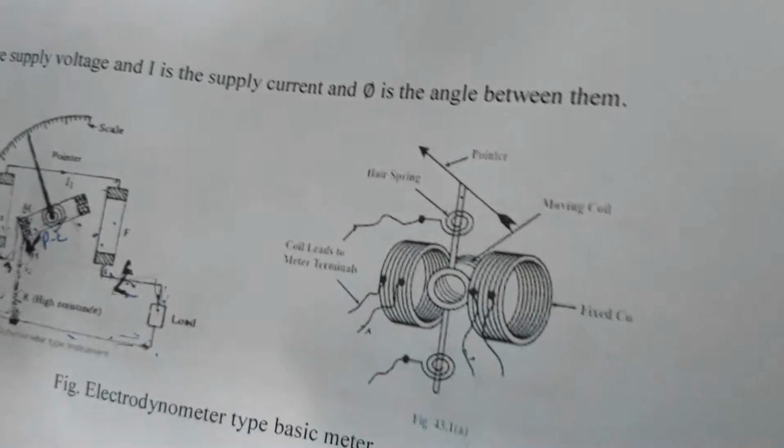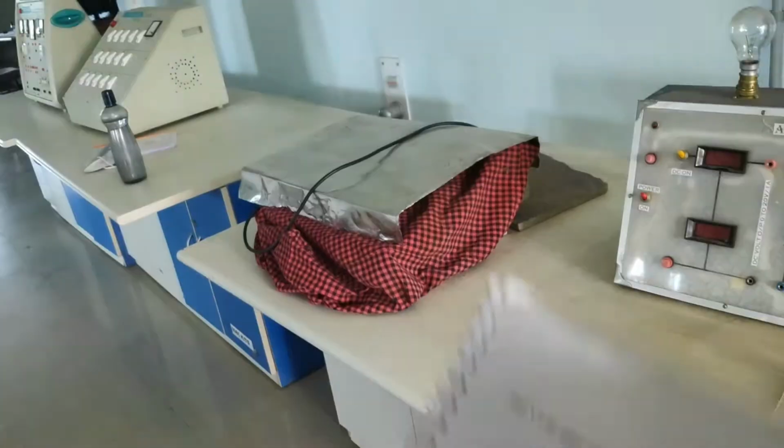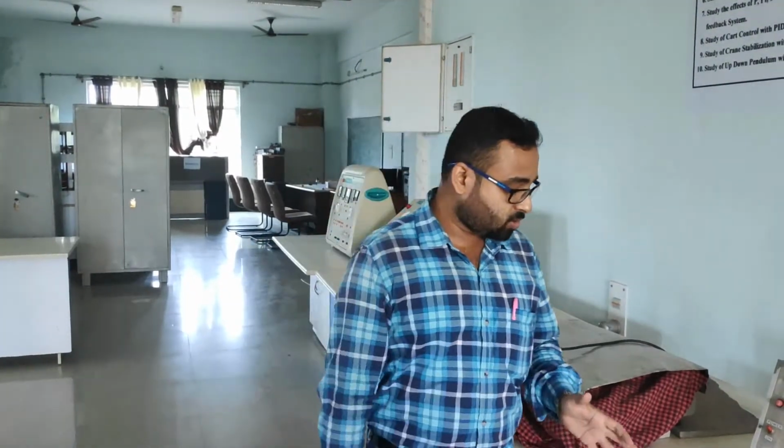So what is the difference between the current coil and the pressure coil? A wattmeter measures power. For active power, the power is the product of voltage and current with power factor.